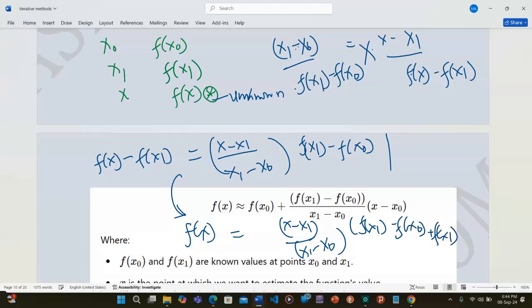So that will give us the approximate value of f of x if I interpolate between the given values of x and given values of the function. Because x1, x0, x are known, and therefore the values of f of x0, f of x1 are also known. What is not known is just f of x, and therefore we can obtain it.